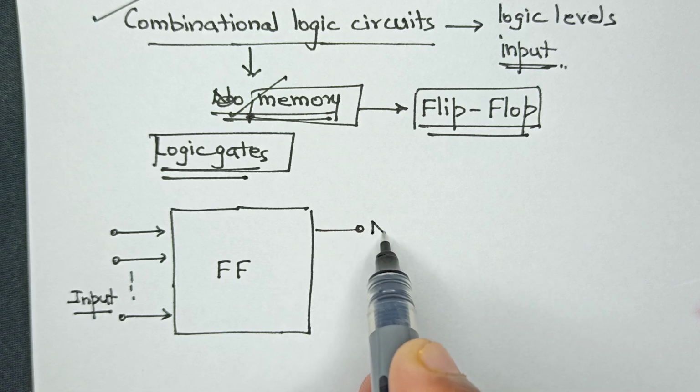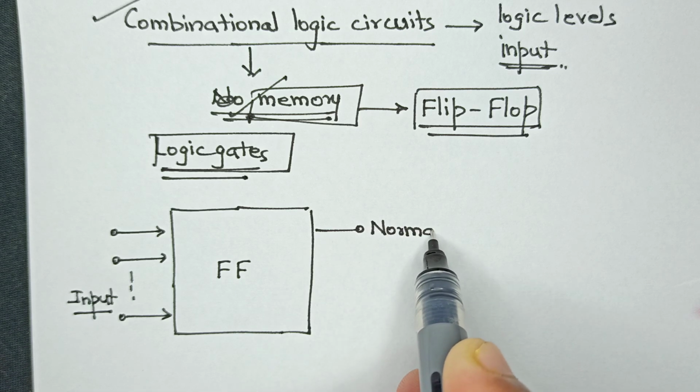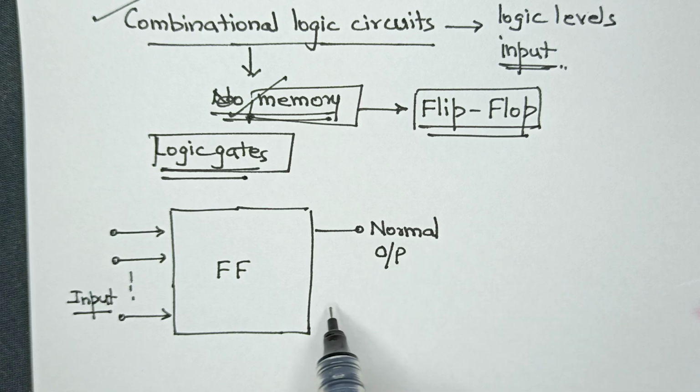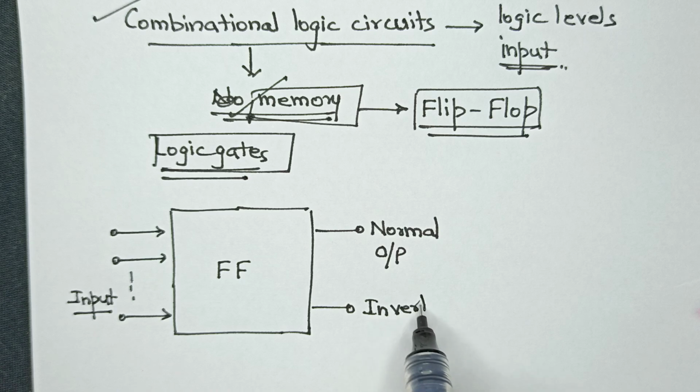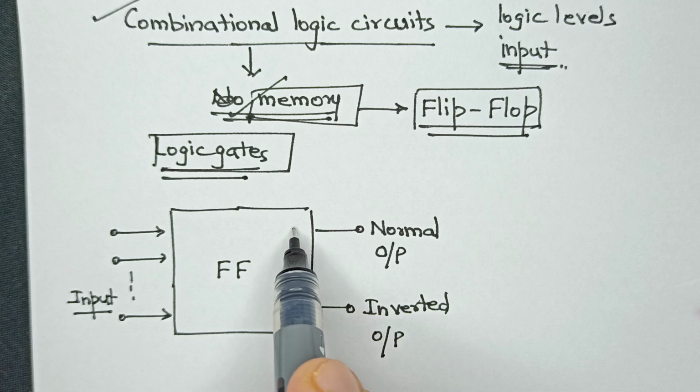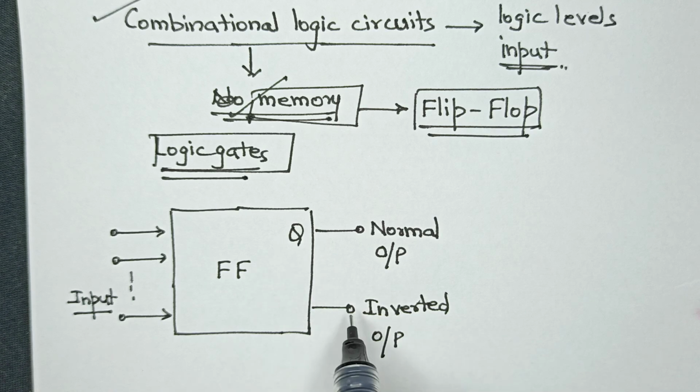First, the normal output, and on this side the inverted output. The normal output is represented by the symbol Q, and the inverted output is represented by the symbol Q bar.